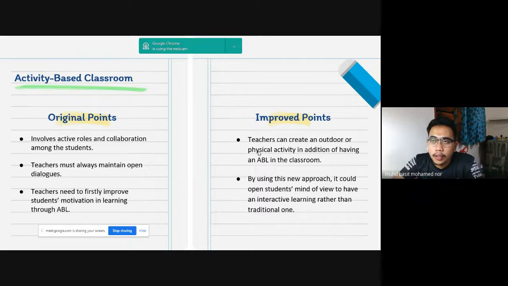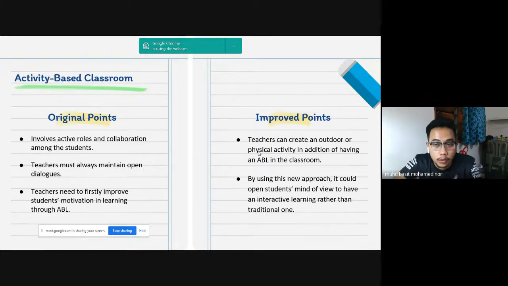For example, if we go to the mall, we can see that sometimes the mall does activities for the children, using games like snakes and ladders, the tiles and so on. So maybe teachers can use this rather than having a conventional class.